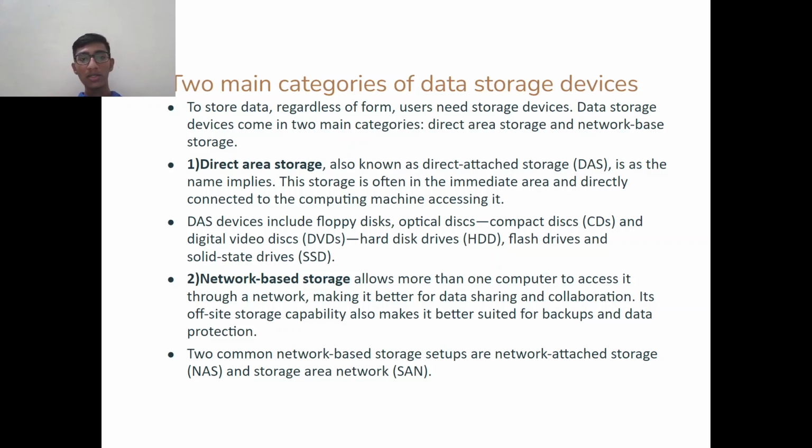Direct area storage, also known as direct attached storage, DAS, is as the name implies. This storage is often in the immediate area and directly connected to the computing machine accessing it.